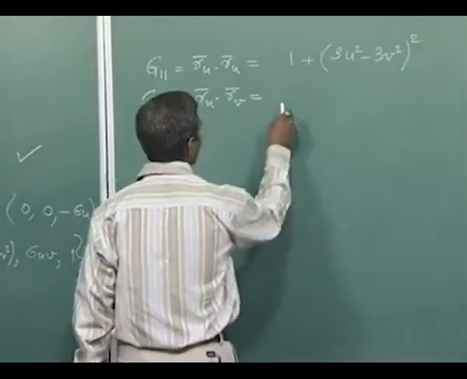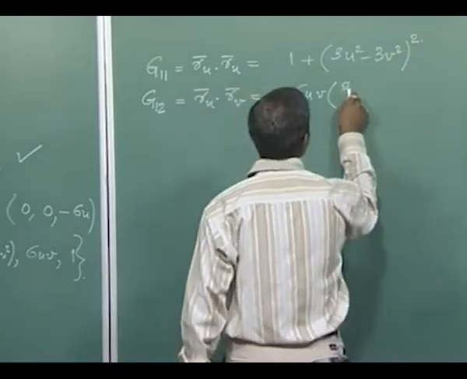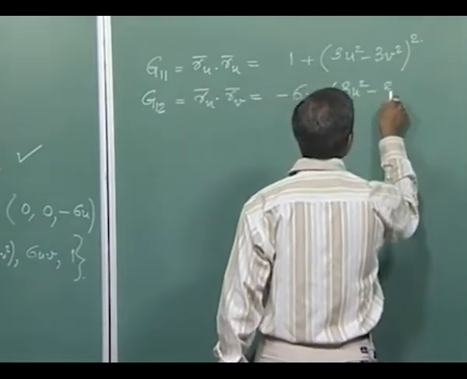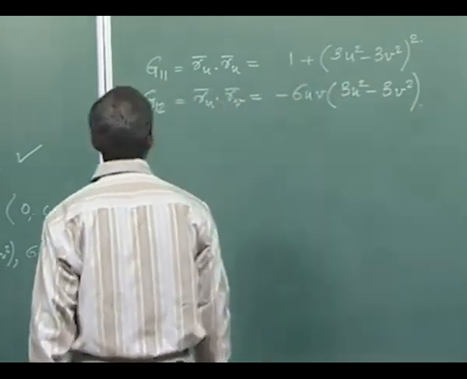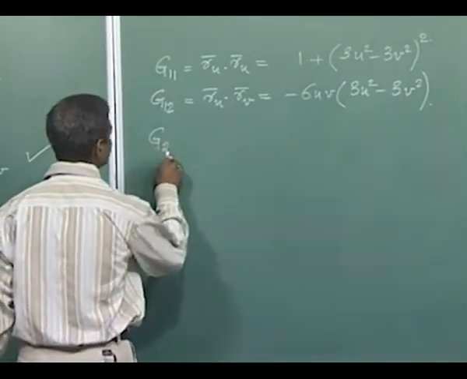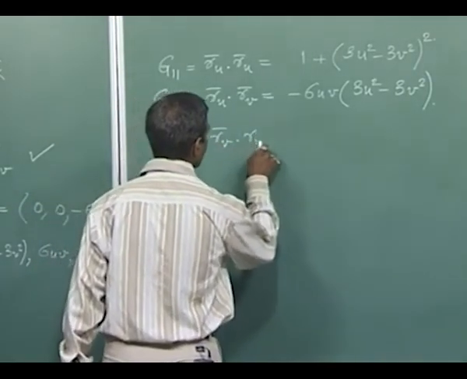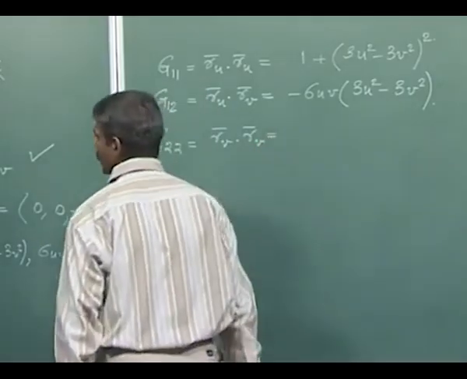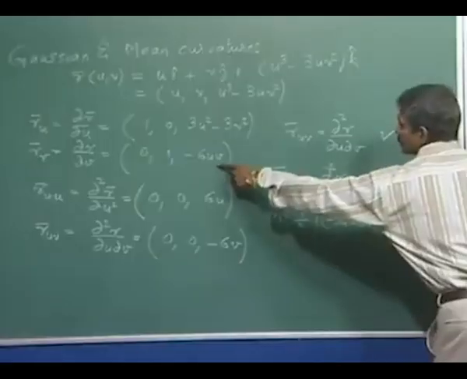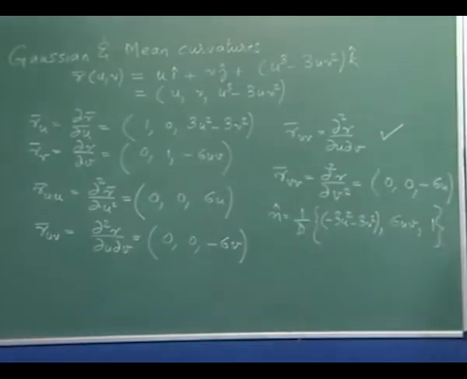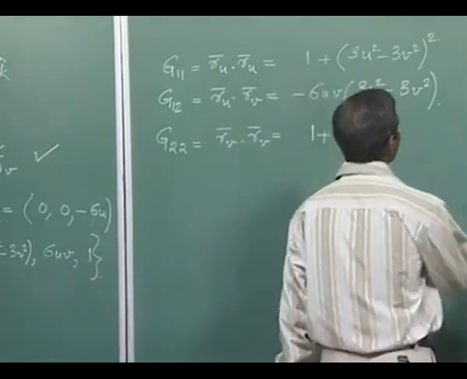We are left with minus 6uv times (3u squared minus 3v squared). And G22 equals Rv dotted with Rv, and that is equal to 1 plus 36u squared v squared.